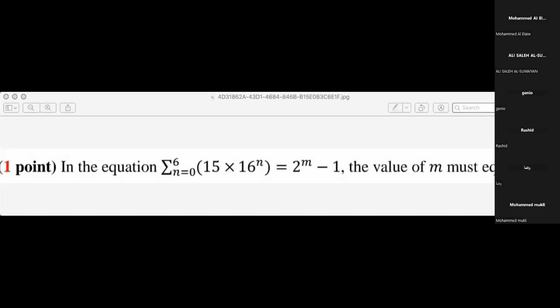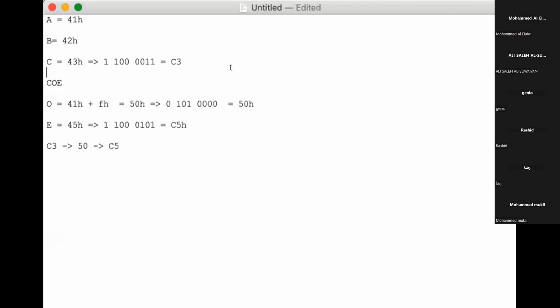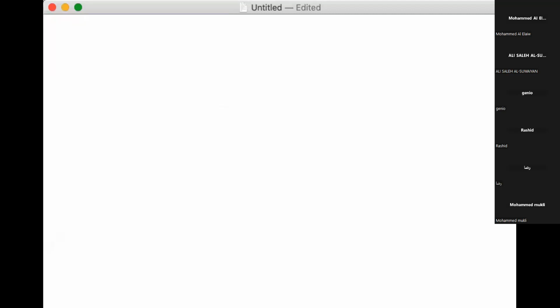If you want, I can rephrase the question: sum of 15 times 16 to the n, where n goes from 0 to 6.